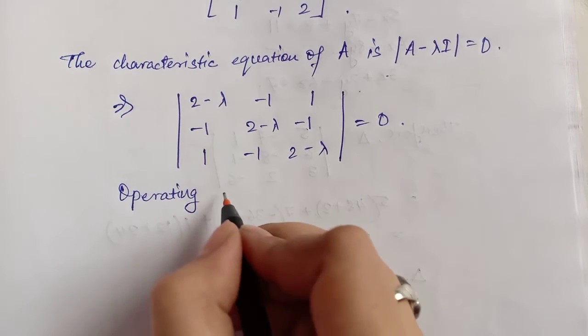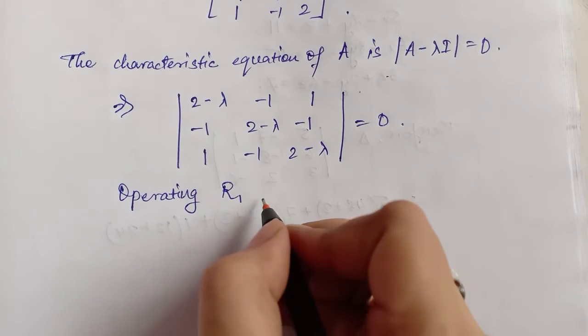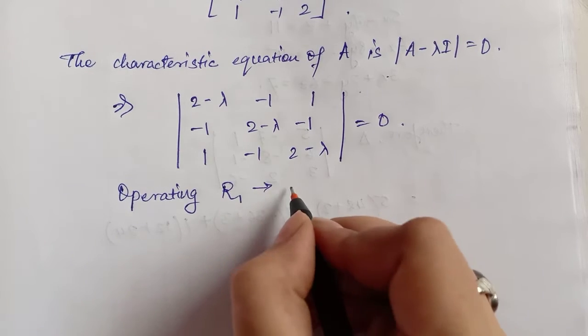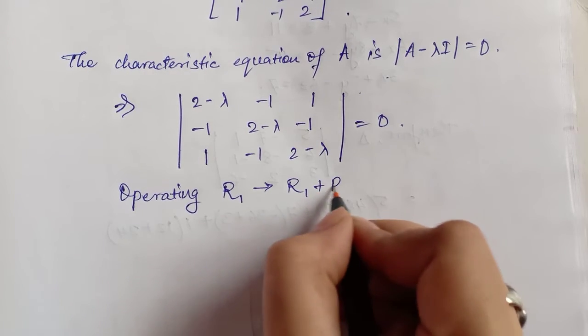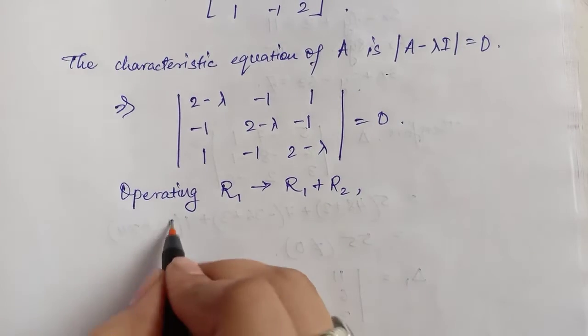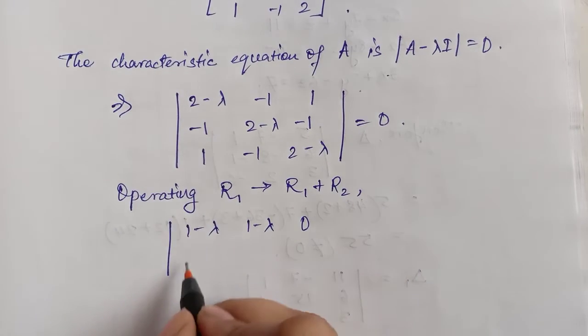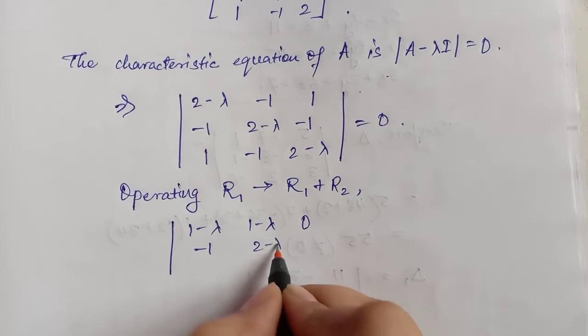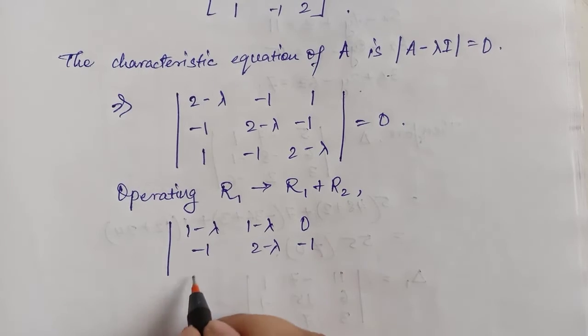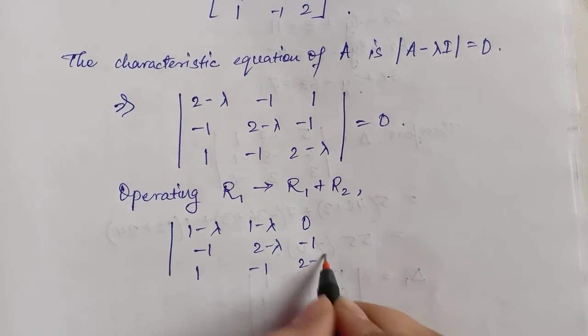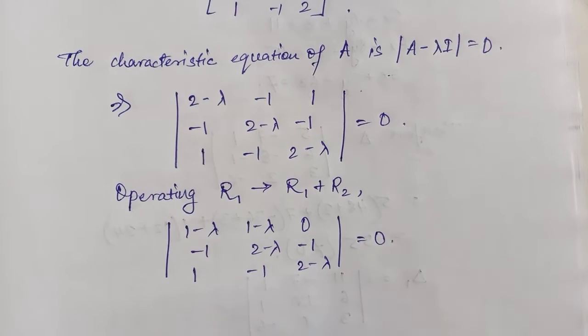So operating the first row with R1 plus R2, we get 1 minus lambda, 0, minus 1, 2 minus lambda, minus 1, and 1, minus 1, 2 minus lambda equals 0.